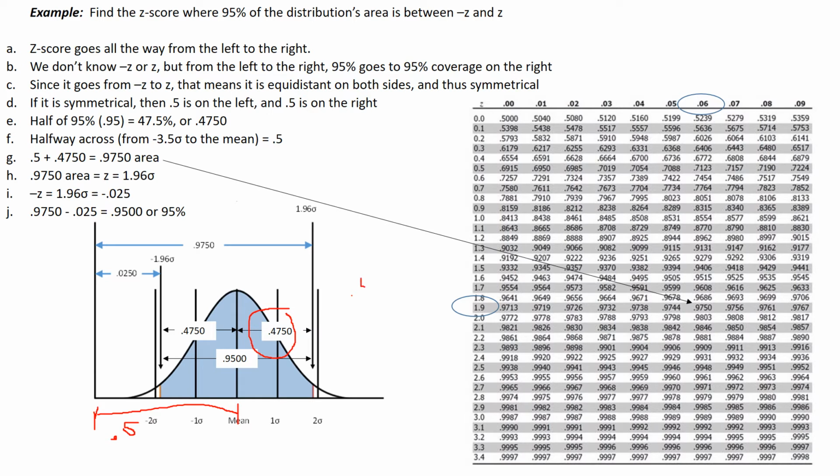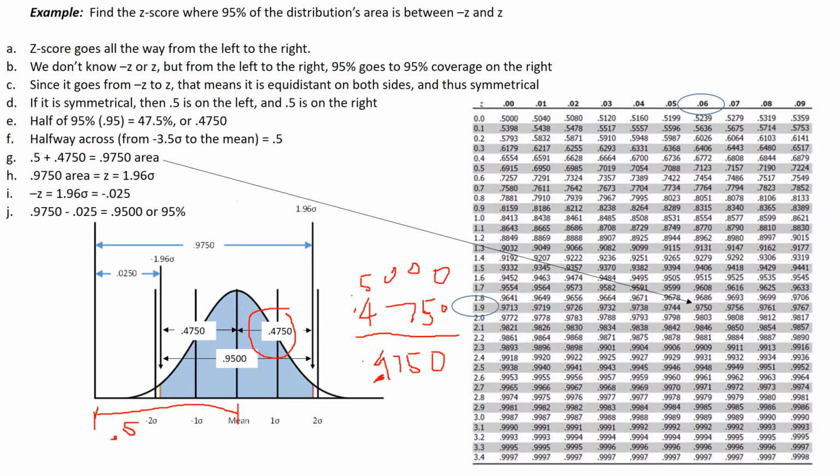Well, 0.5000 plus 0.4750 equals 0.9750, or 97.5% under the curve.